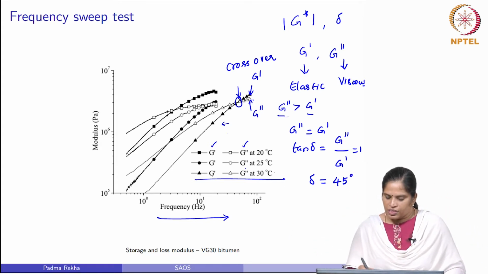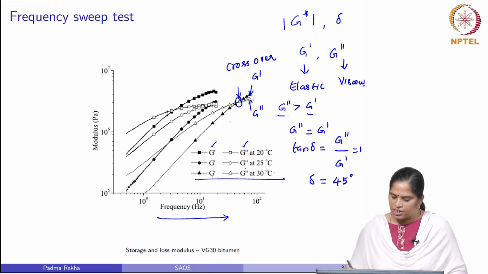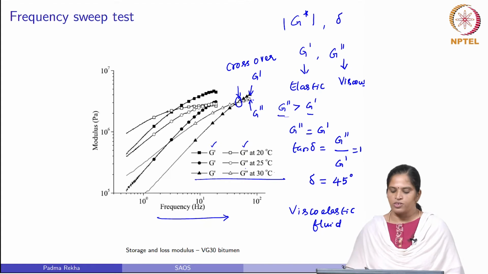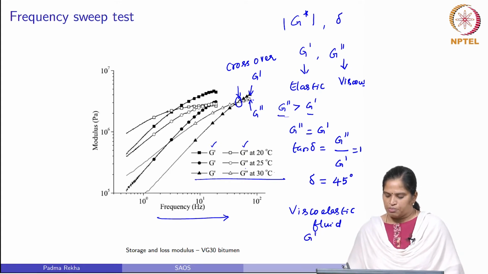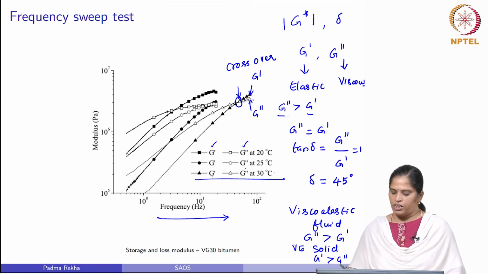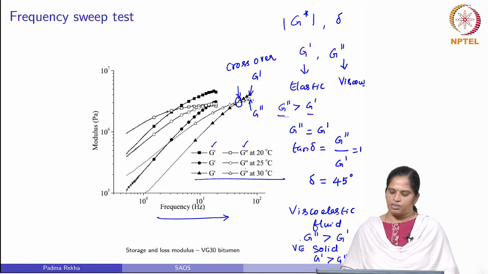We call the response at low frequency a viscoelastic fluid response, or fluid-like response, where G double prime is dominating G prime. After crossover, where G prime is greater than G double prime, we call it a viscoelastic solid-like response.